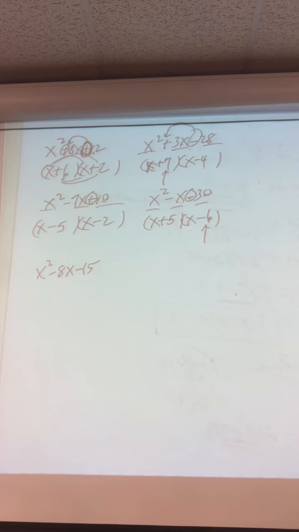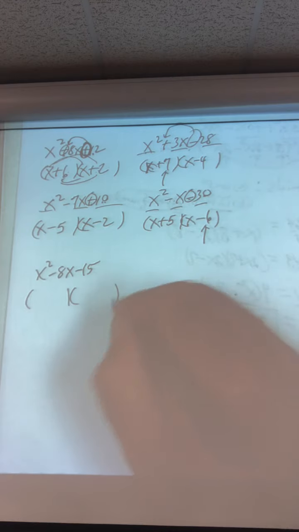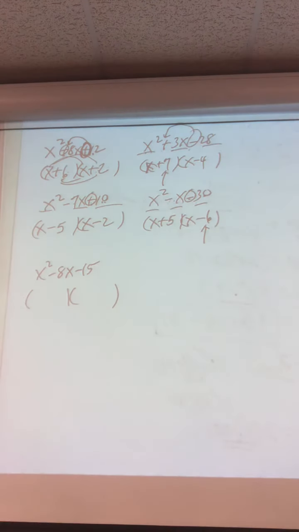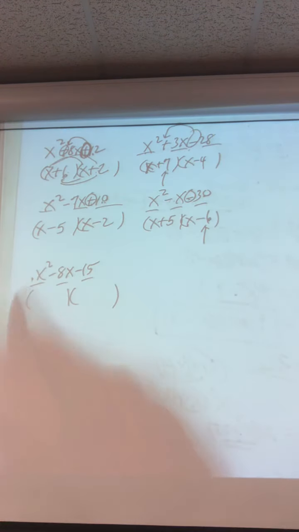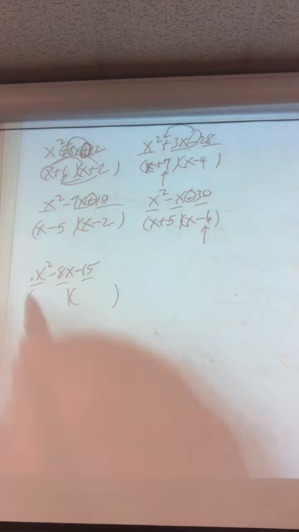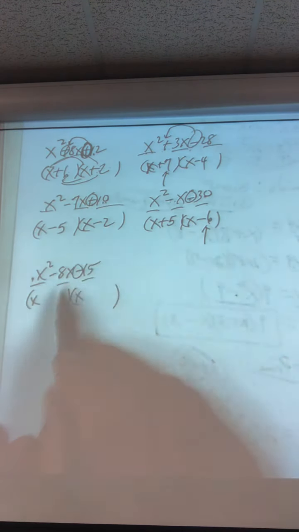X squared minus 8x minus 15. This one is going to show you the importance of making sure you know the rules about your signs. Okay, trinomial, no GCF. Easy case because of the 1. X squared breaks up x and x. Signs are different.